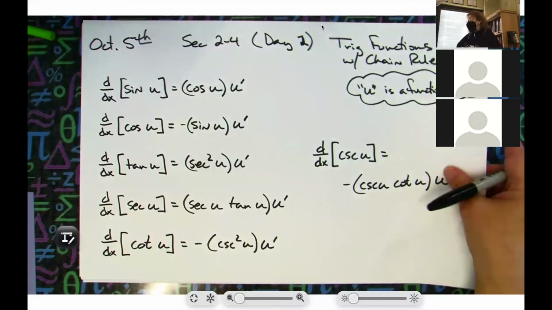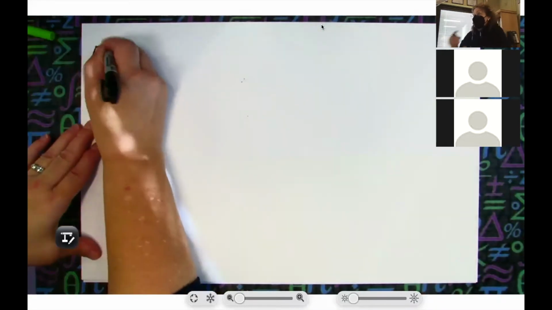Okay. All right, now we already know the idea of doing derivatives of trig functions, and we did chain rule with polynomial curves. So now we're just going to do trig functions that have chain rule in them. Okay, and then we'll start kind of minor, but in the examples that we do in here, we're going to go really fast and get some really complicated ones to start with.